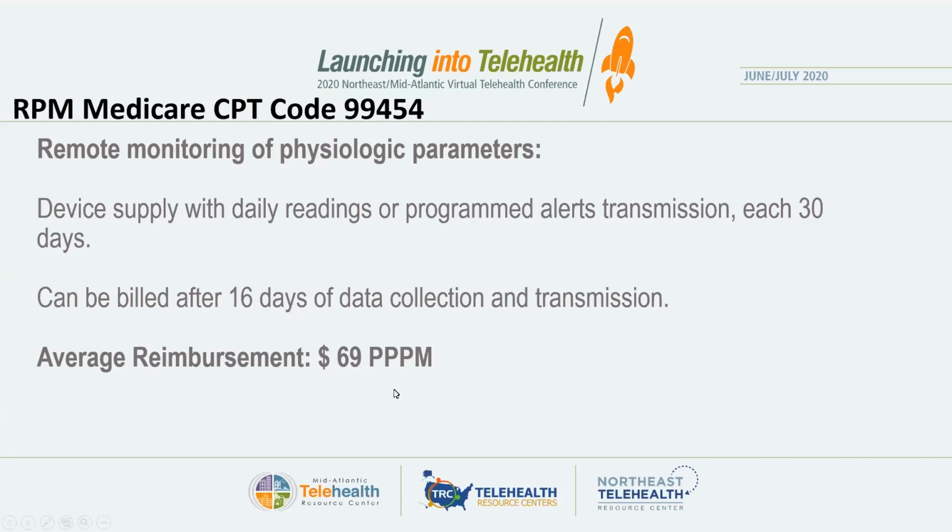So what's important about this number? What's important about this number is any vendor that's leasing you product that you're looking at, you need to make sure that their per patient per month rate is less than $69, because you want to have a little profit margin.